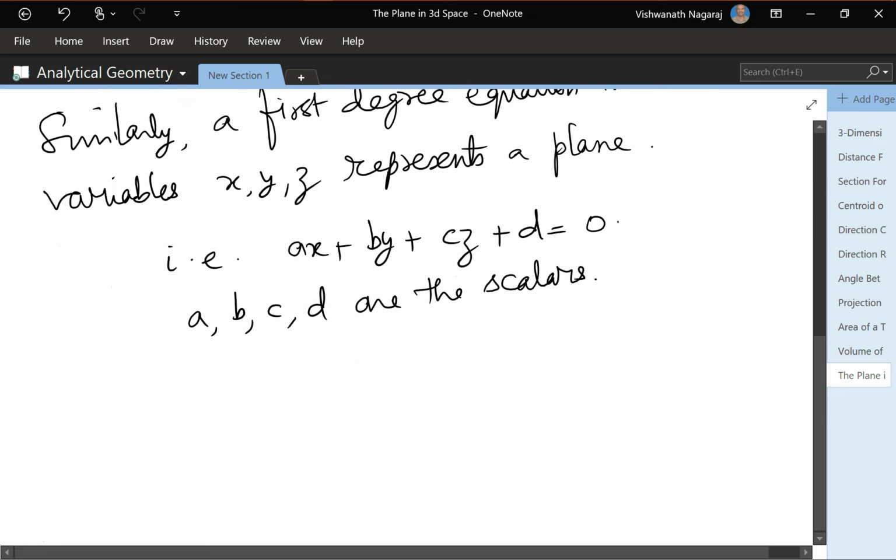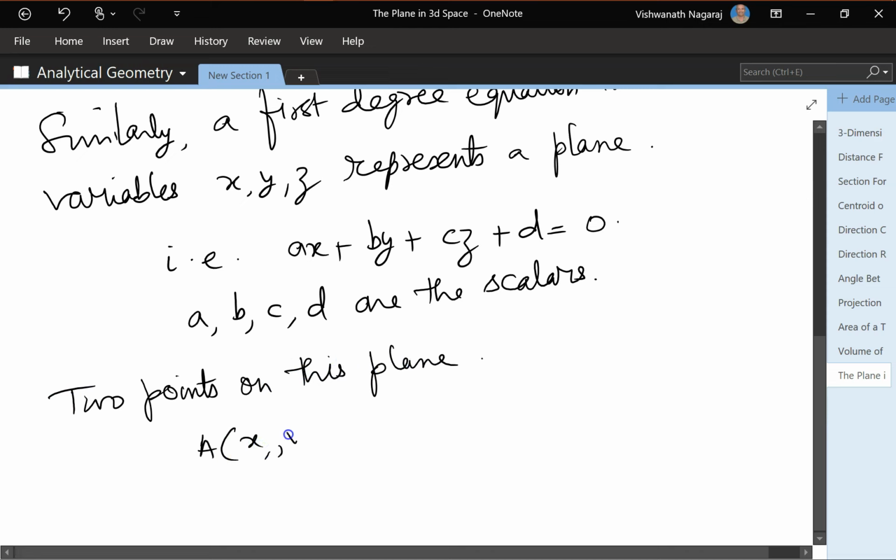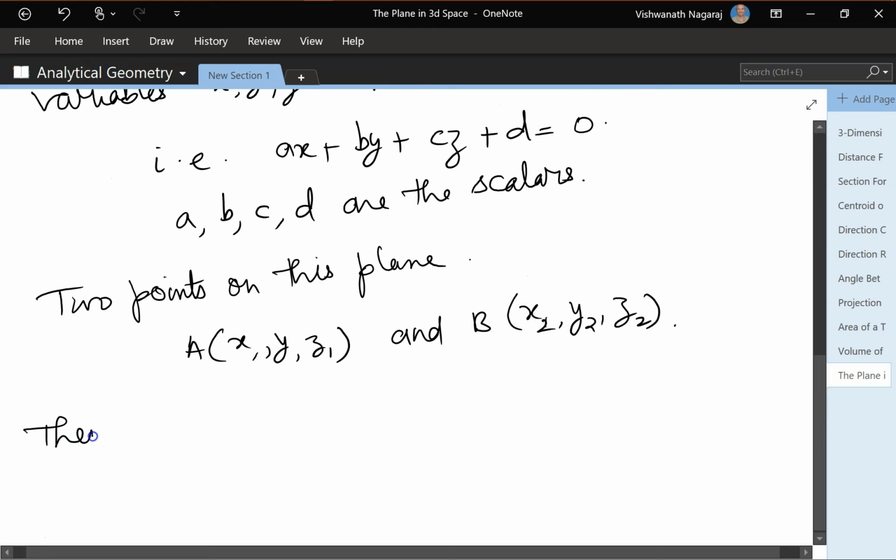Now here a, b, c, d are the scalars. Now let's say we have 2 points on this plane, A (x1, y1, z1) and B (x2, y2, z2). Then we can write ax1 plus by1 plus cz1 plus d equal to 0.